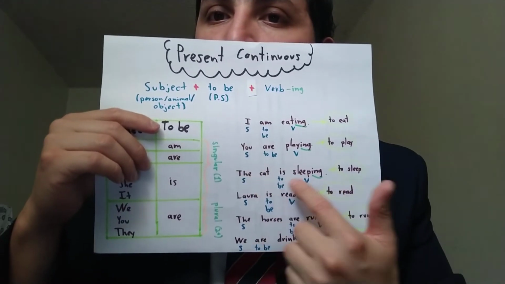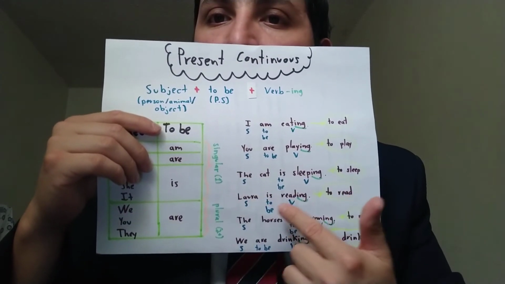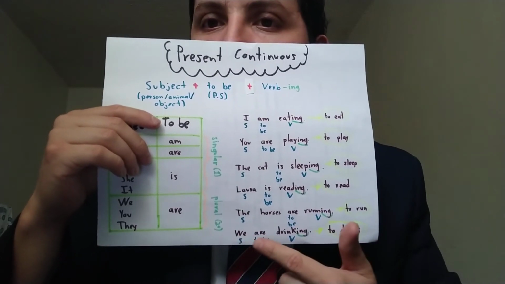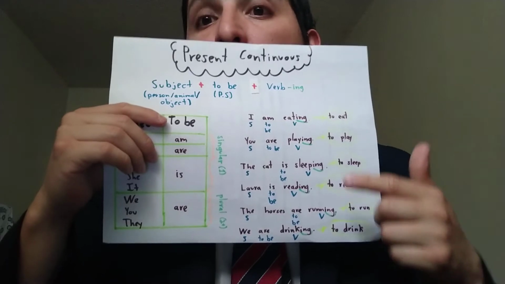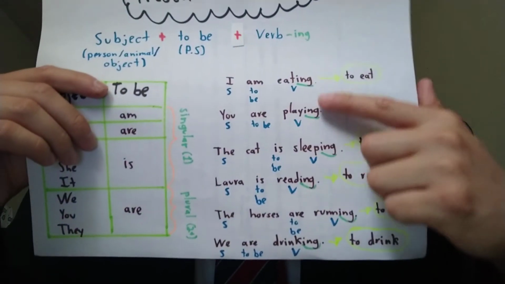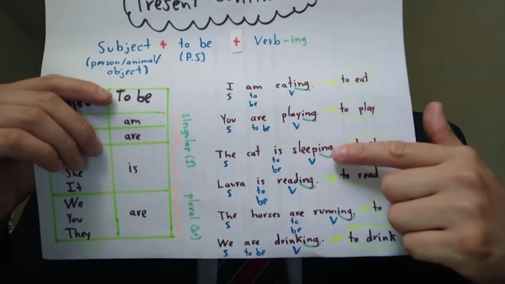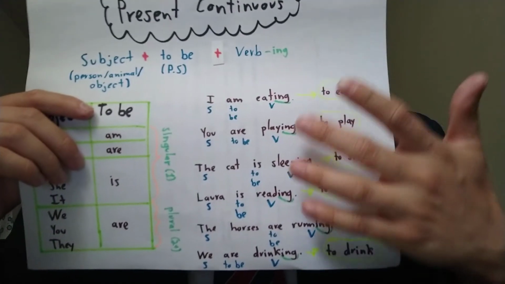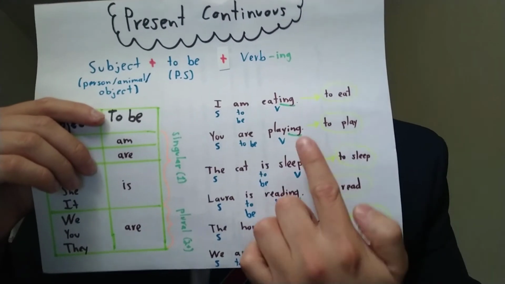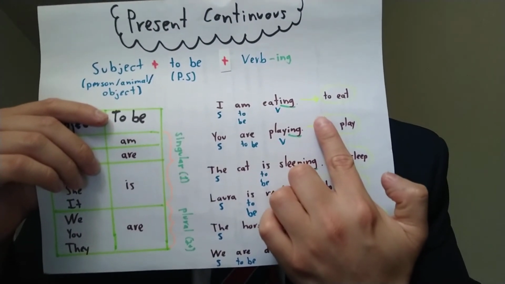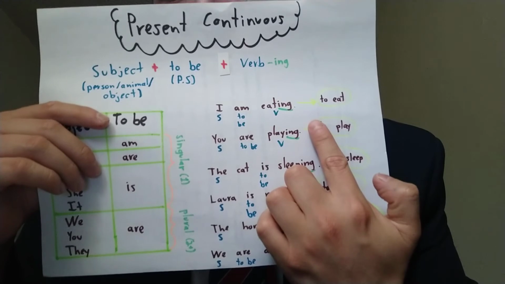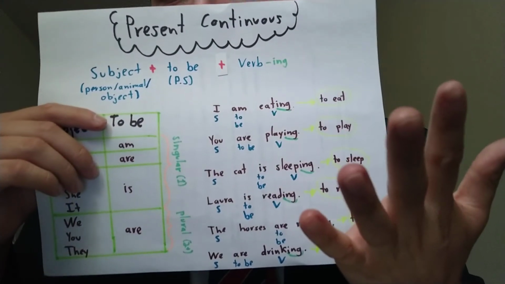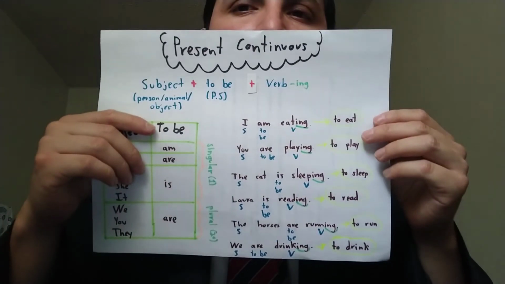All of them have the ending ing. Yes, all of them. If you check, the only thing that we had to do is take to from the infinitive form and add ing to the verb. And that's it. This is very simple.